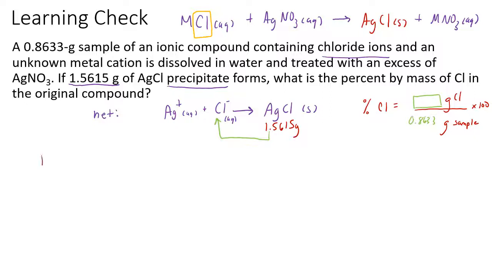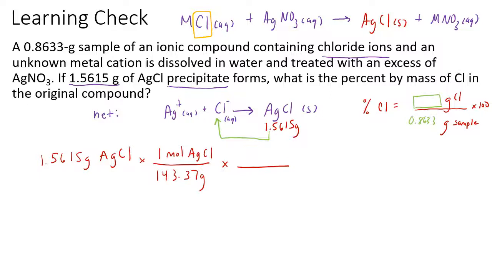So starting with our 1.5615 grams of AgCl, if we're going to use our balanced equation, the first thing we have to do is convert our grams to moles. So calculating the molar mass of silver chloride, 1 mole is 143.37 grams for silver chloride.